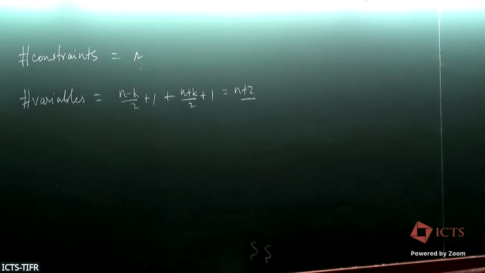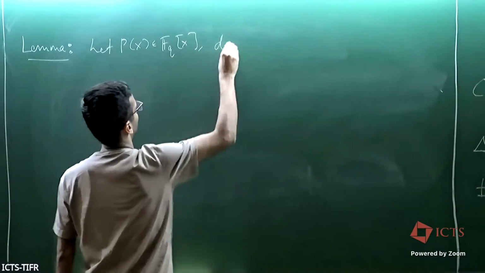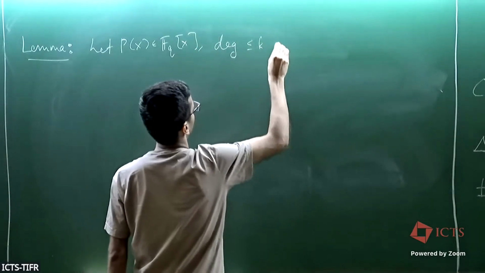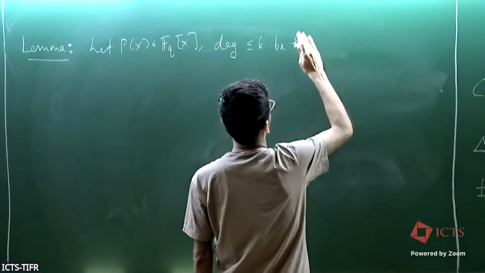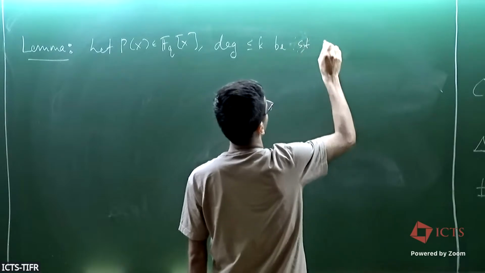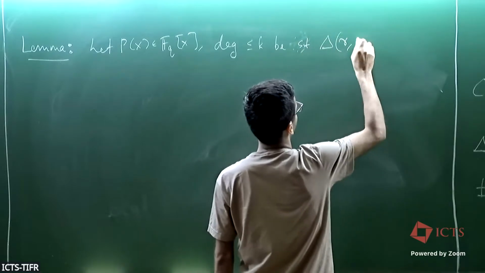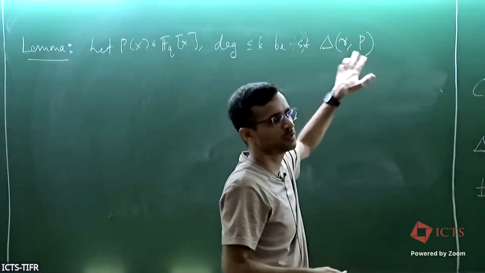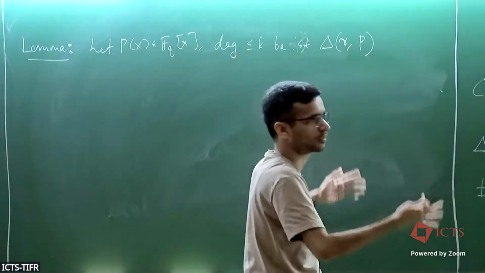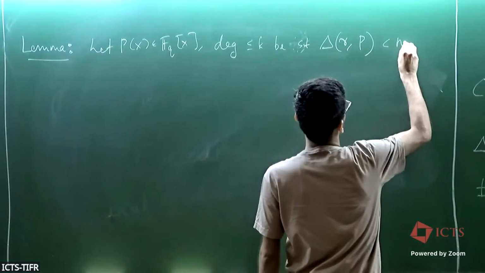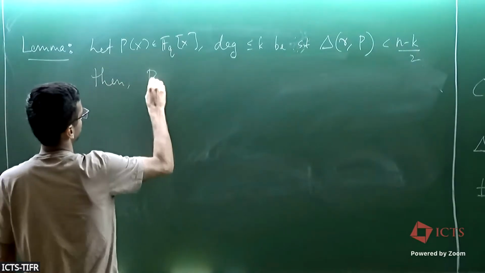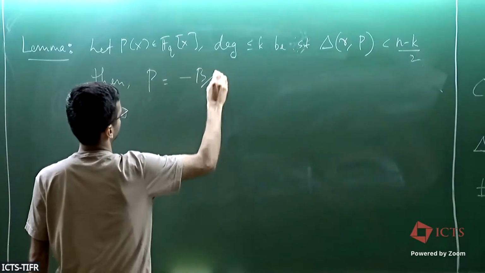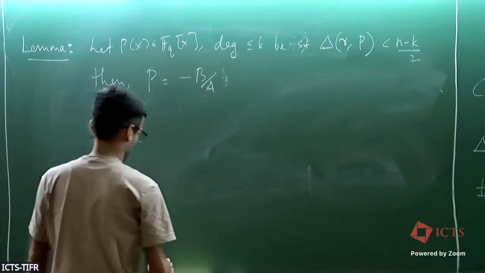Let R be such that the Hamming distance of R from P is at most (n minus k) over 2. I'll write Hamming distance of R from P, but what I mean is: look at the encoding of P, the vector of evaluations. Then P equals minus B over A. I should say more.